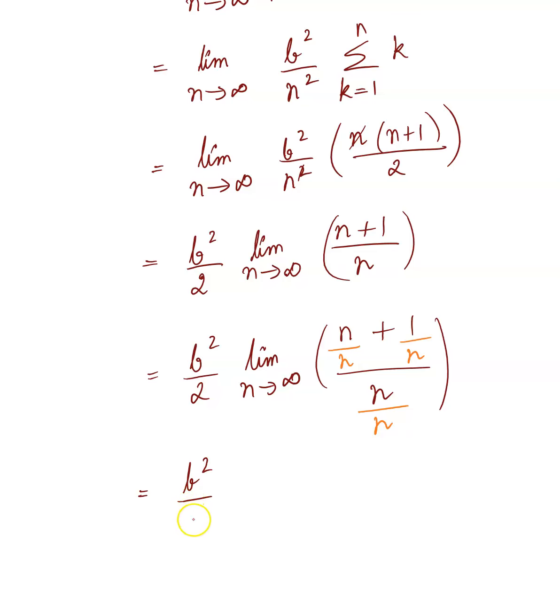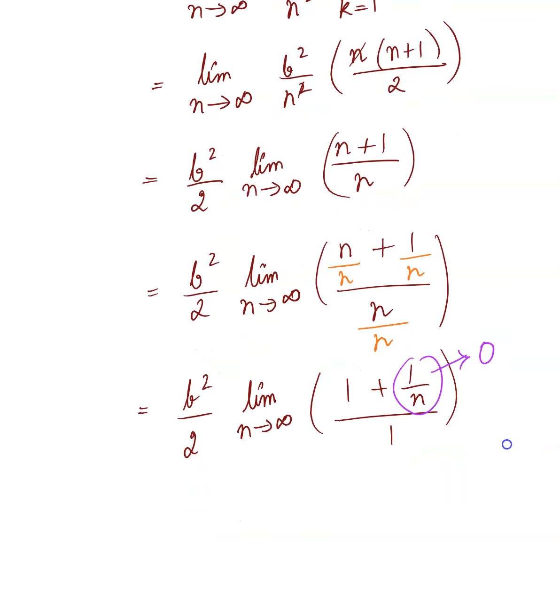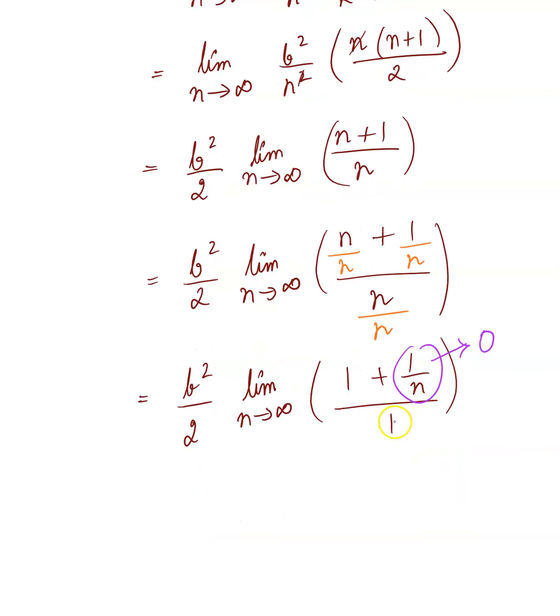It guarantees that your n's will be eliminated or brought down to the denominator. So the limit as n approaches infinity of 1 plus 1 over n, over 1, isn't it? And then when you apply the limit, this becomes 0. So 1 plus 0 over 1, which is 1.